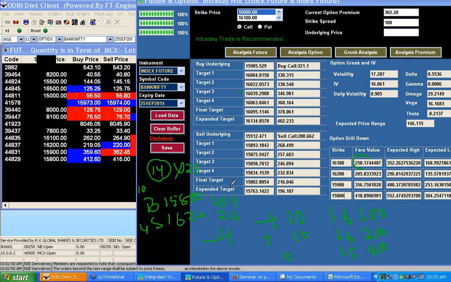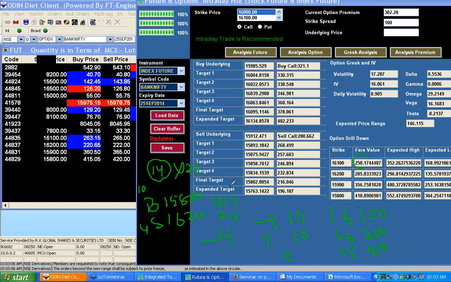So around 350 rupees I may expect as the arbitrage gain if Bank Nifty closes near my target 2, target 3 or target 4, and this 14 point gain will be there.